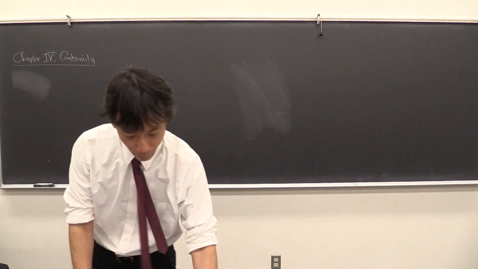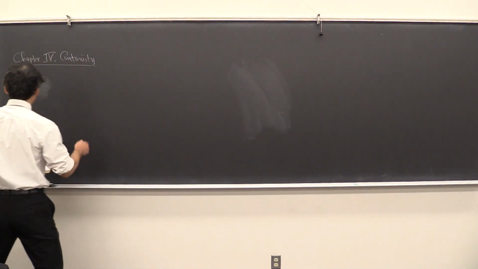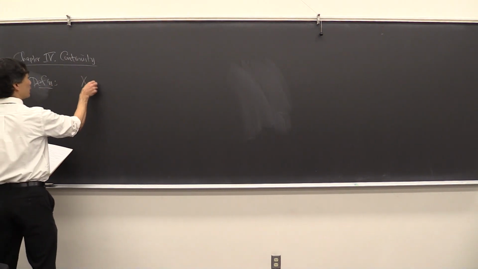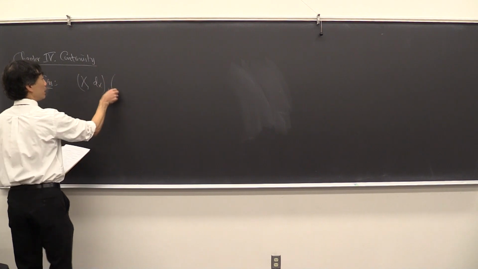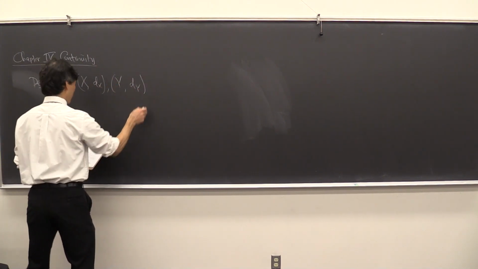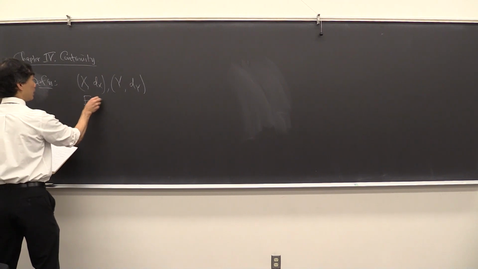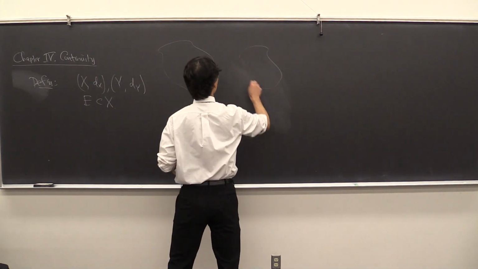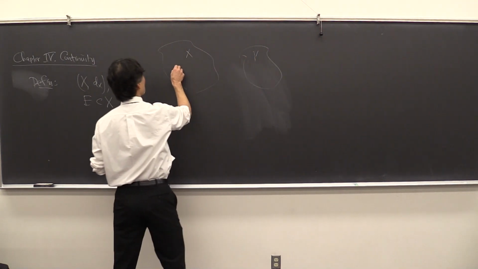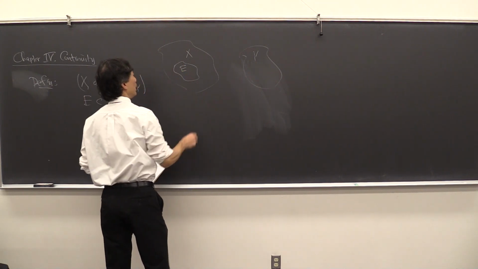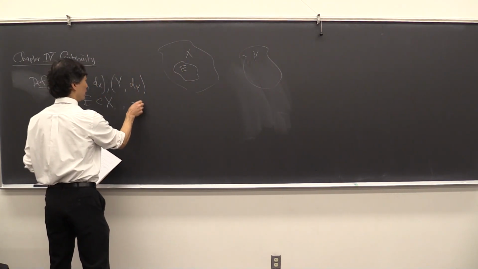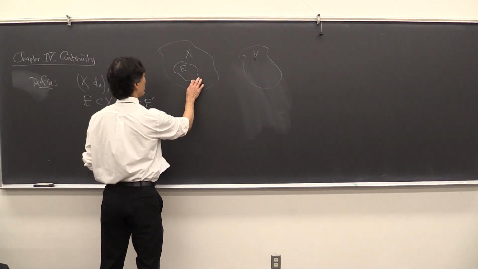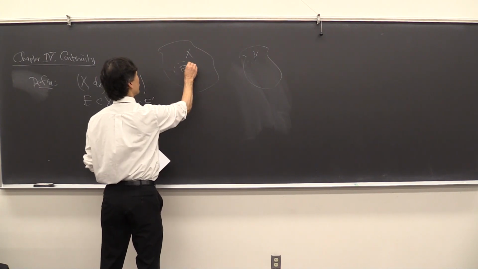So let me make sure I get it right here. Okay. So you have two metric spaces, X with its metric, and Y with its metric. And you have a set that's sitting inside of X. So there's one metric space, there's another metric space, X, Y. You have a set E here, and you have a point P that is a limit point of E. Maybe E is some sort of open set, right?